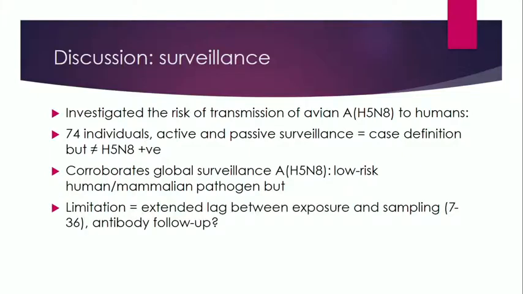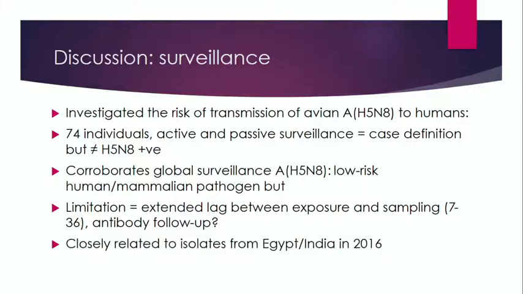The limitation here is that very often we were not allowed on the farms within a particular time period because they were afraid of a possible biohazard risk. So we had to wait until the farmers decided that it was safe enough to enter, by which point individuals who were symptomatic may have cleared the infection. For this reason, we need to do an antibody follow-up because antibodies are long-lived and will remain in the individual's system for much longer after the virus has been cleared.